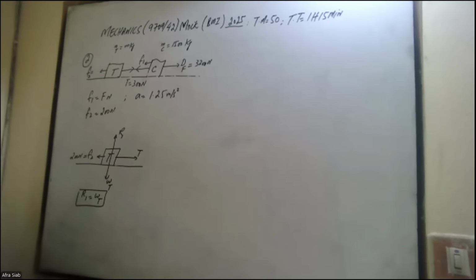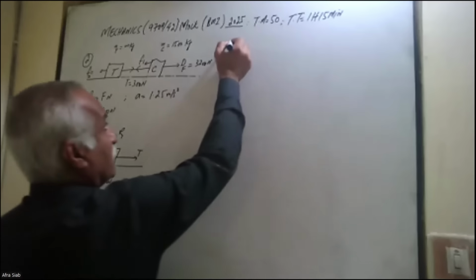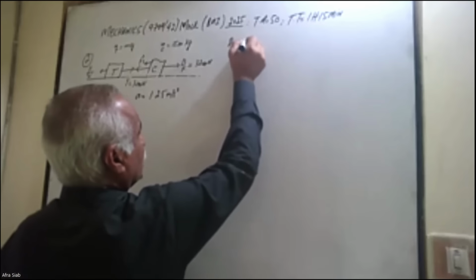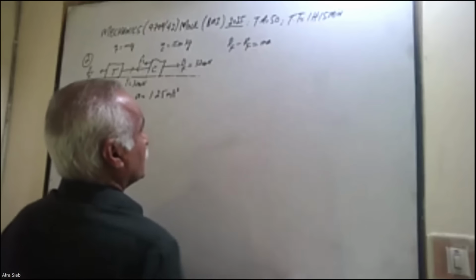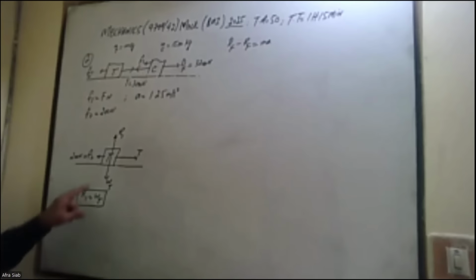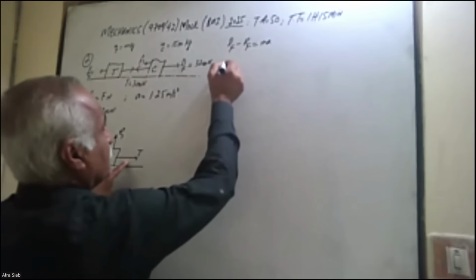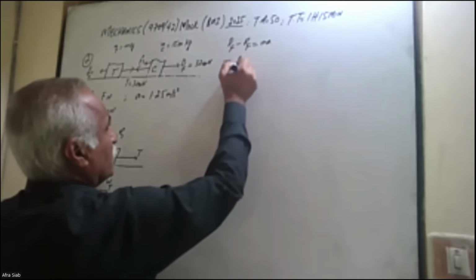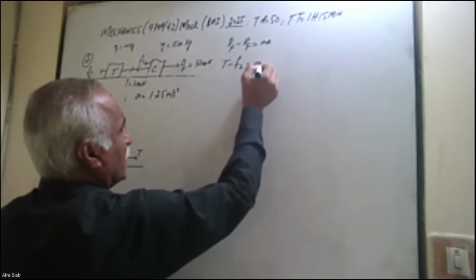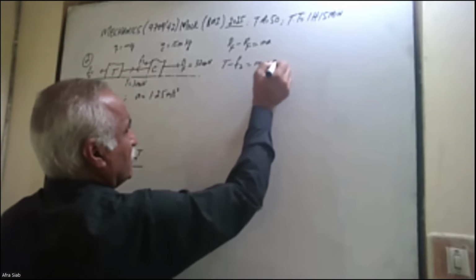Now we have the equation of motion: driving force minus resistive force is equal to net force. The driving force is the tension, minus the resistive force F2, equal to the mass of the trailer times the acceleration a.